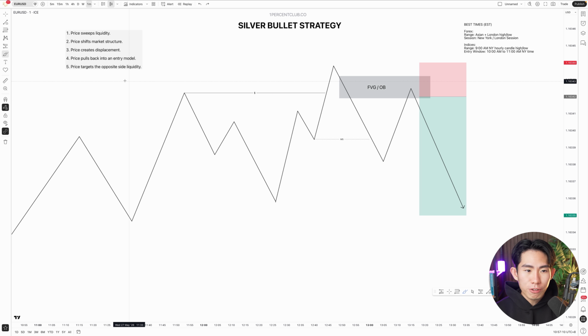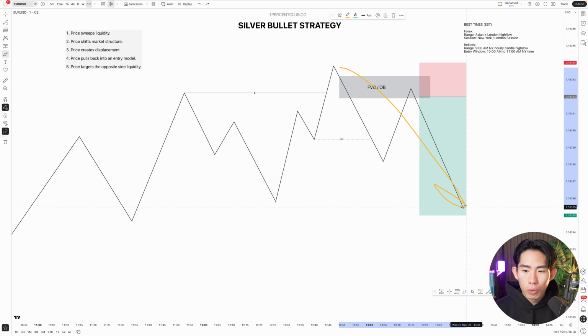Okay, so once again, if price sweeps the high, we want to see price take out the low. If price sweeps the low, then we want to see price take out the most recent high, giving us a market shift to confirm to us that smart money is indeed using all the available liquidity that it has just gathered to fuel price, to cause price to move in that opposite direction. This shift in structure tells us that the momentum is changing.